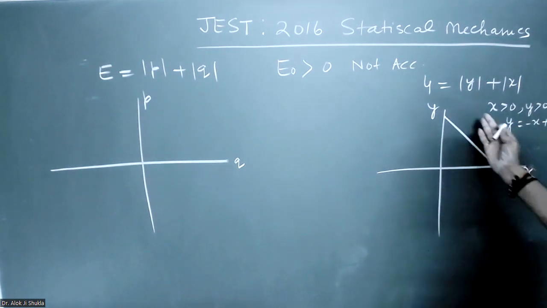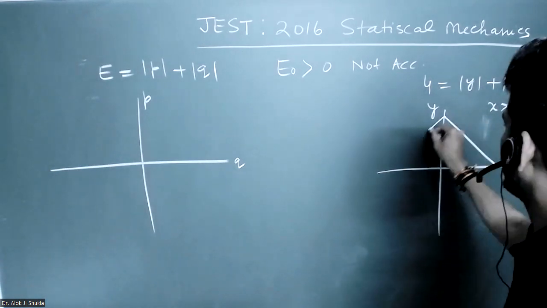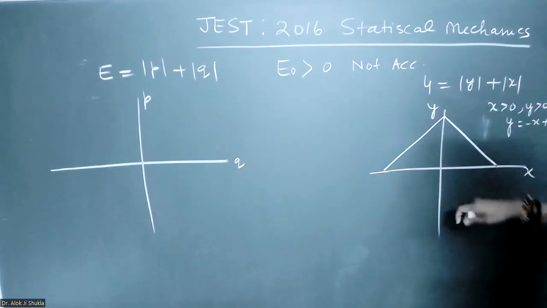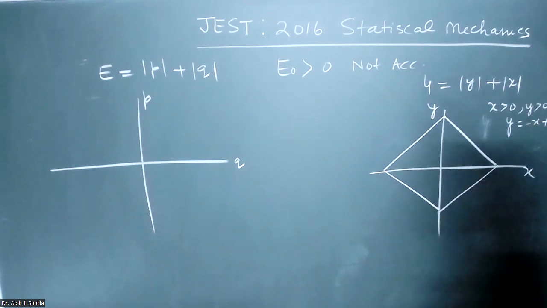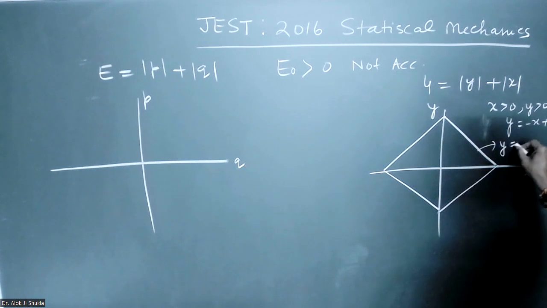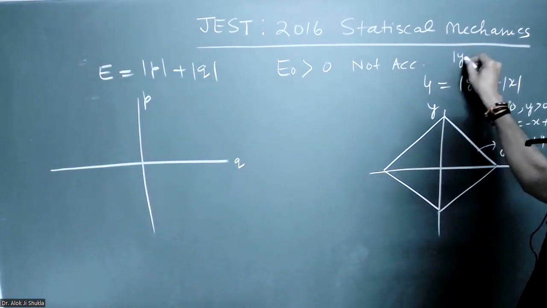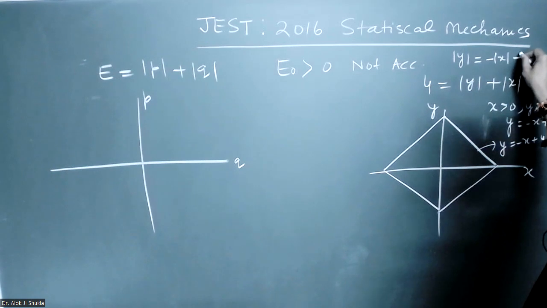Because the modulus function in x is there, you will get it like this. And because the modulus function of y is there, it will be symmetric about the x-axis also. So you will get something like this. You can write all the equations: here y is equal to minus x plus 4, because |y| = minus |x| plus 4.